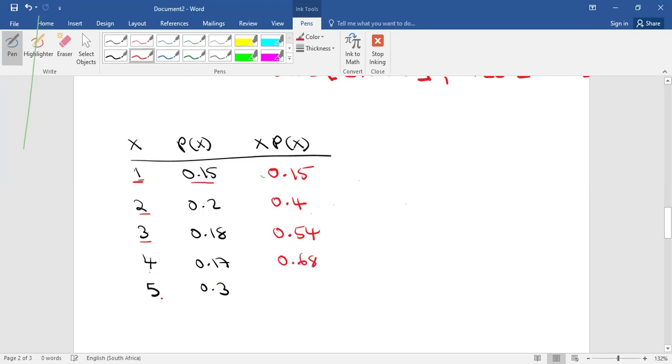The next one, 5 times 0.3. 1.5. Okay. Then you can do the total for this column. You can sum up these summations. So sum up 0.15 plus 0.4 plus 0.54 plus 0.68 plus 1.5. Can you sum that up for us?